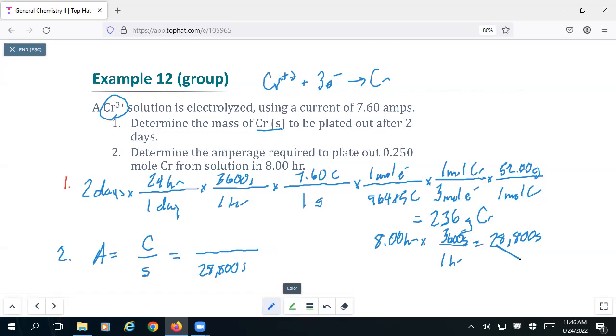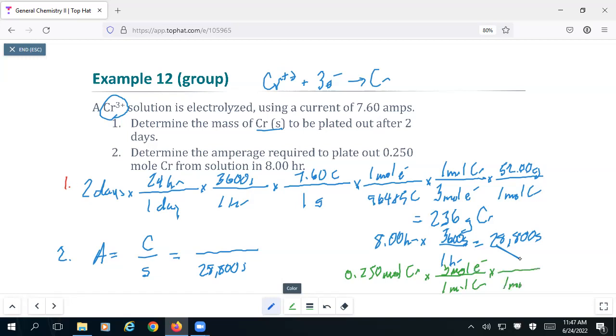So I've got a 1/4 mole that I'm trying to make. The balanced equation says that for every mole of chromium, I would need 3 moles of electrons.